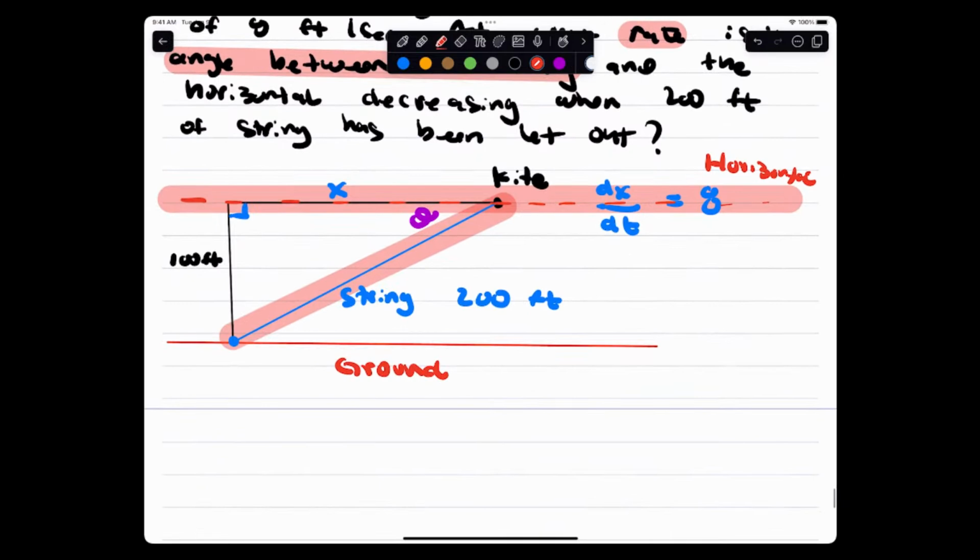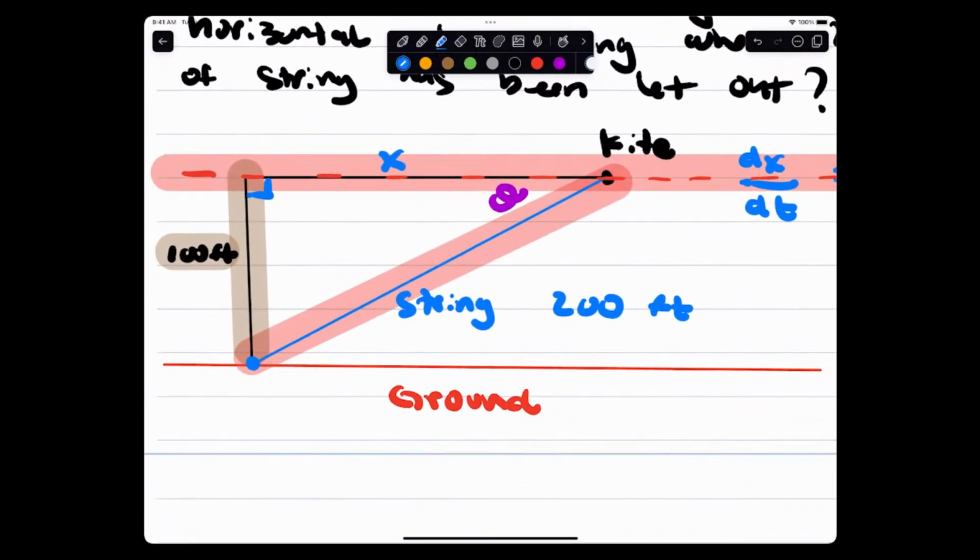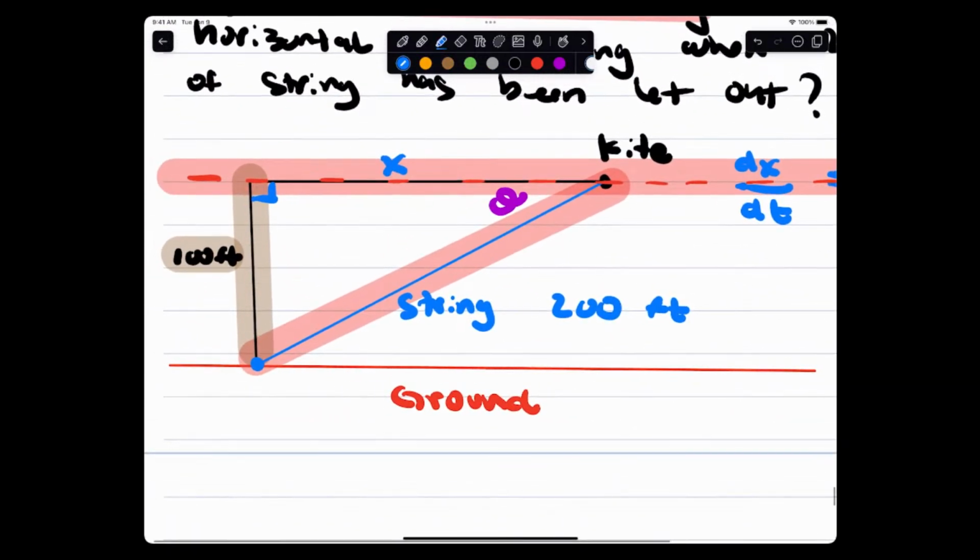Okay, now notice when they say that this is 100 feet above the ground, that this value here is constant. Is that true? So what definition can I use here that's going to relate everything together?